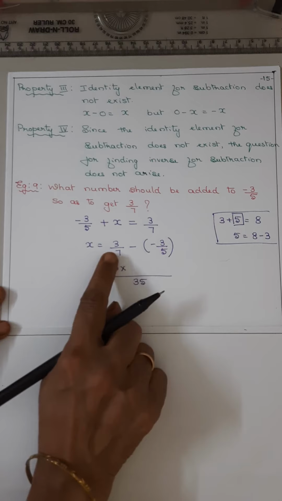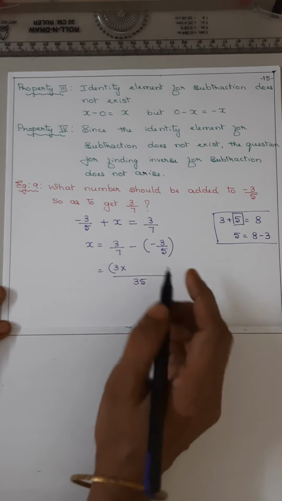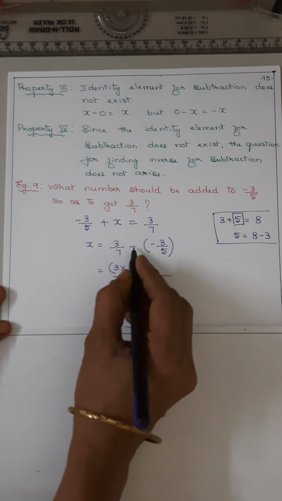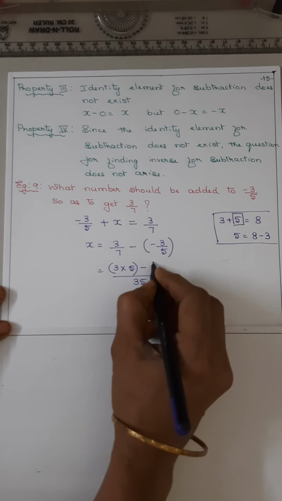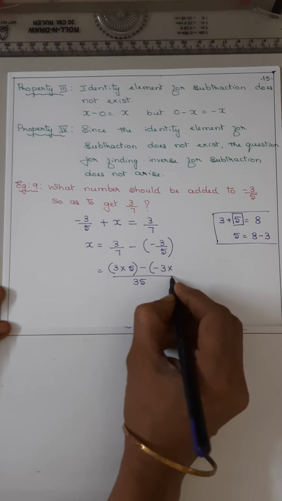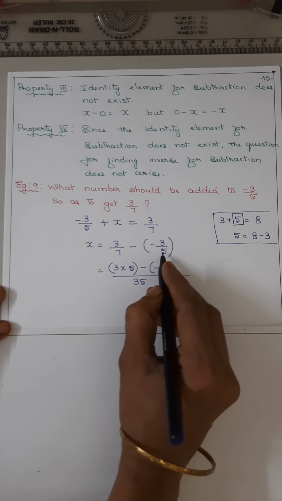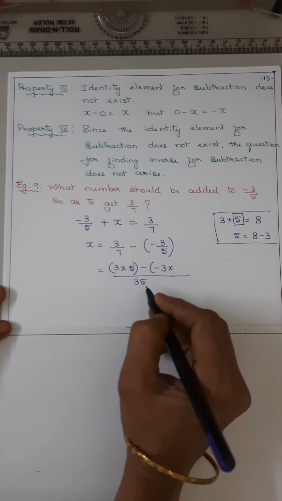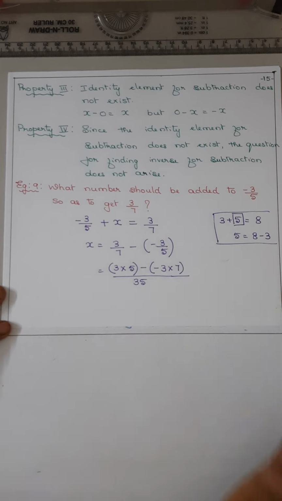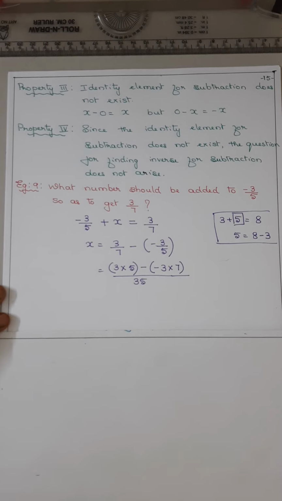Now, you ask 7 how much are 35? 7 5s are 35. Put the sign minus and again minus 3 into, denominator is 5. 5 how much are 35? 5 7s, multiply by 7.